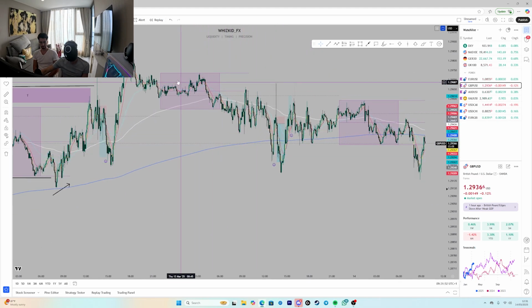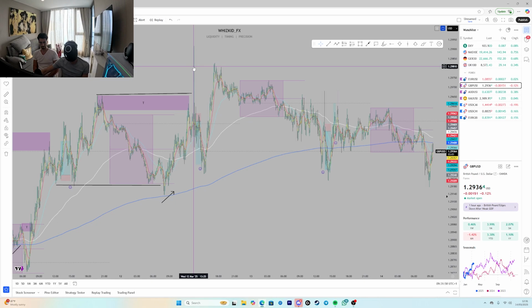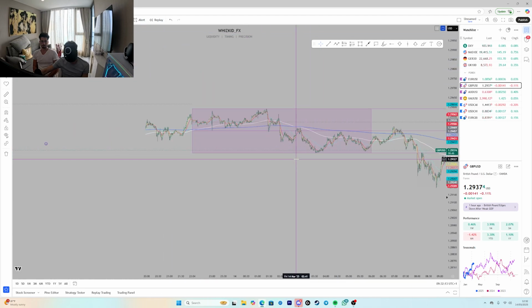Going to the next day, you can see how we got an inducement here, with this weak high. And you can exactly see how the price just went into this inducement. On the M1, I can show you even better.